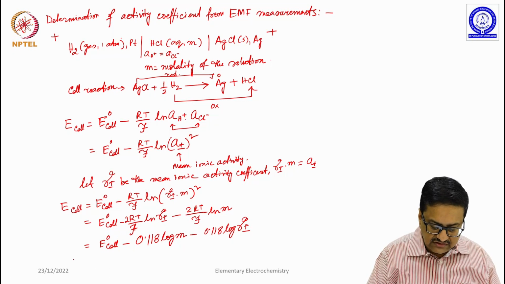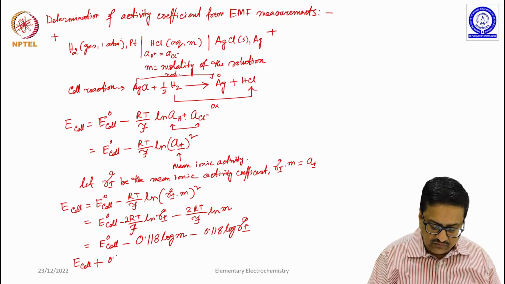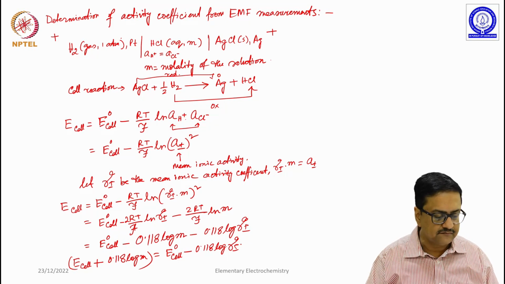So in the next step we rearrange this, bringing this log m to the left hand side. So E cell plus 0.118 log m is equal to E0 cell minus 0.118 log gamma plus minus.